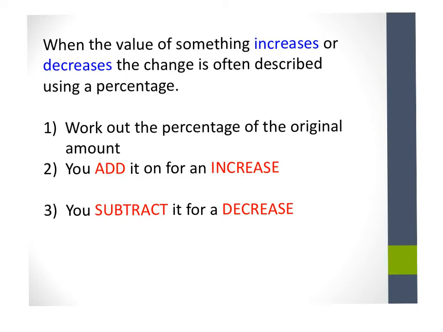So if something is being put in the sale, it'll very often say reduced by 15%, or if there's been a pay rise, teachers have had a 75% pay rise. So we can work out all of these as these percentages are in effect a percentage decrease, and in the case of getting more money, a percentage increase. And that's what we're going to look at in this next section.